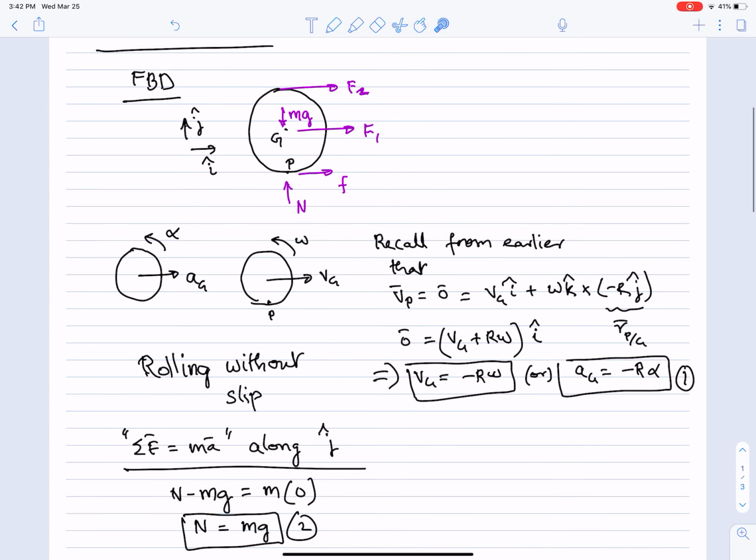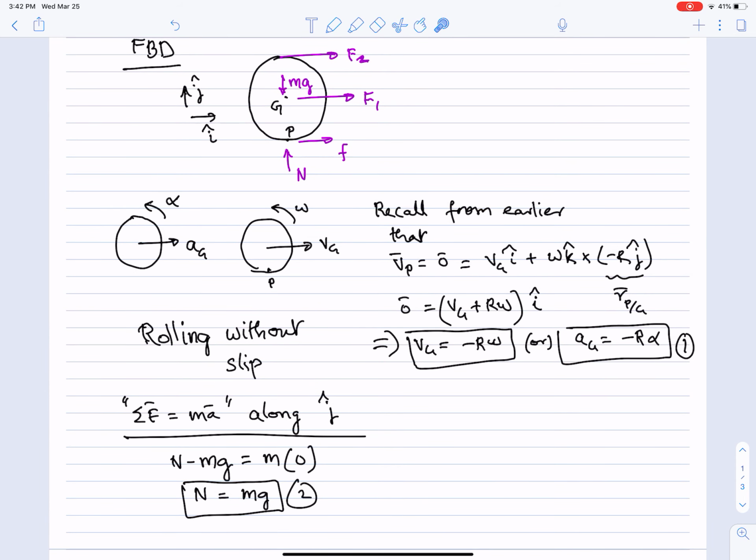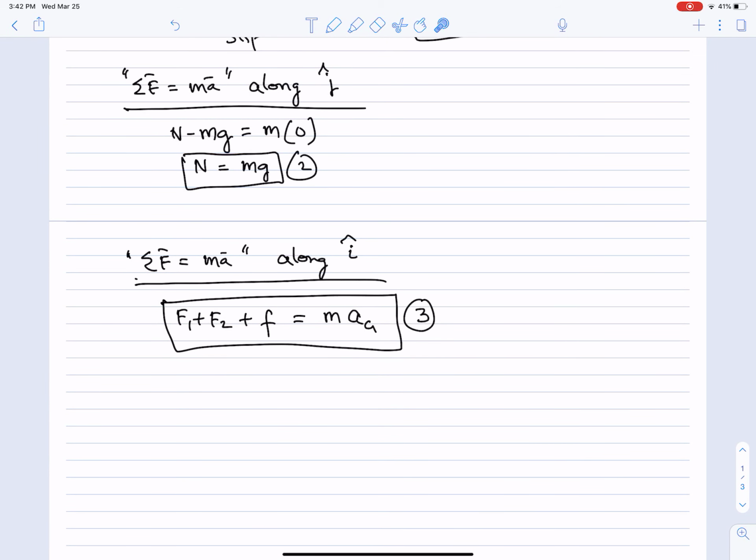Let's try sum of moments equals I alpha about the point G. So let's do sum of moments about G equals Ig alpha in the K direction.